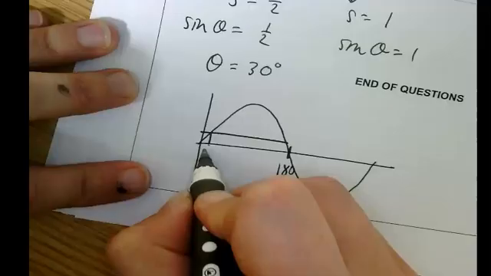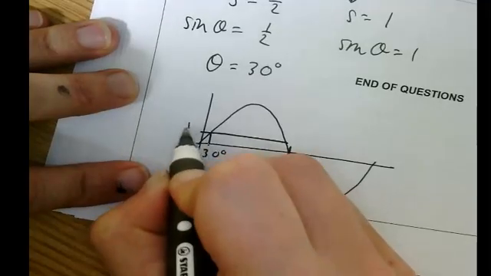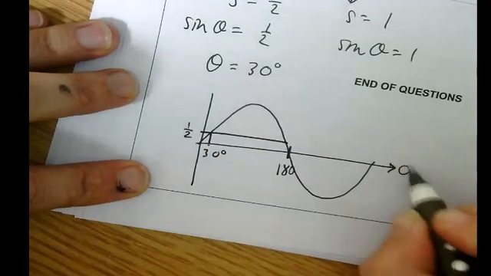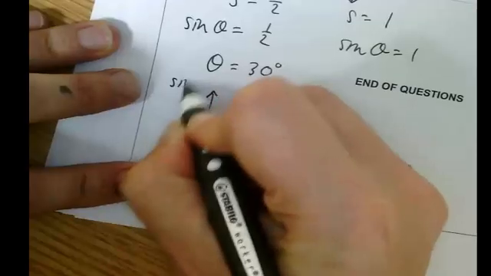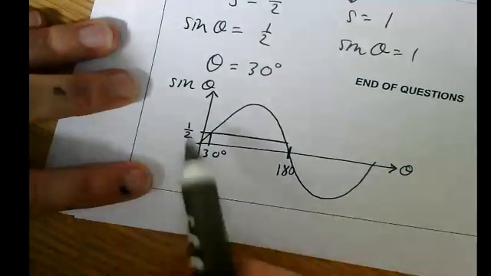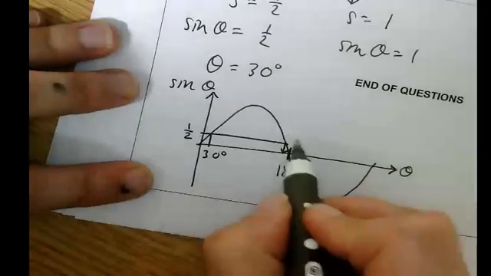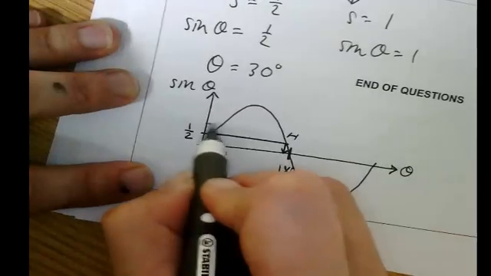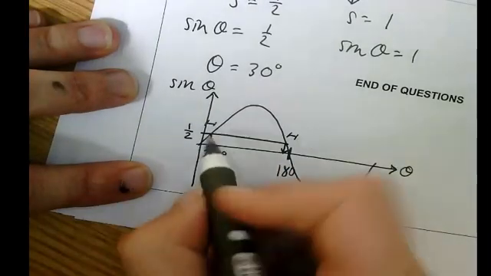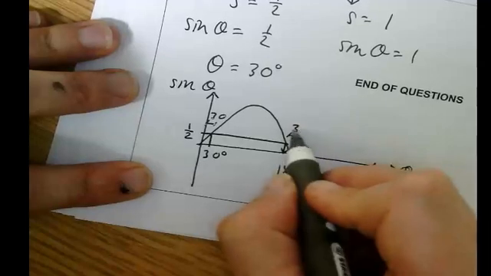So there's my 30-degree angle, which is when sine theta is 1/2. This is theta, this is sine theta. I can see I've got another angle over here, and this little jump is the same as this little jump, and those little jumps are both 30.